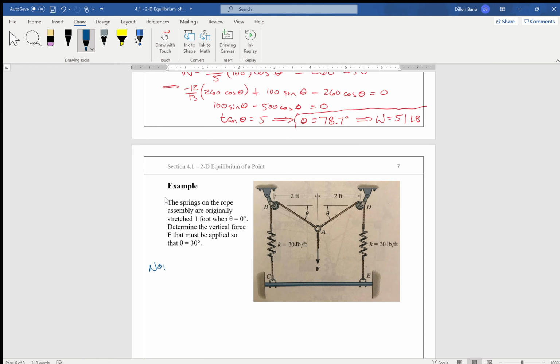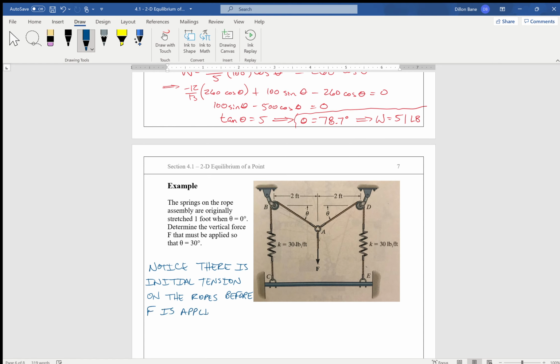So we're going to just write this out. Notice there is initial tension on the ropes before F is applied.